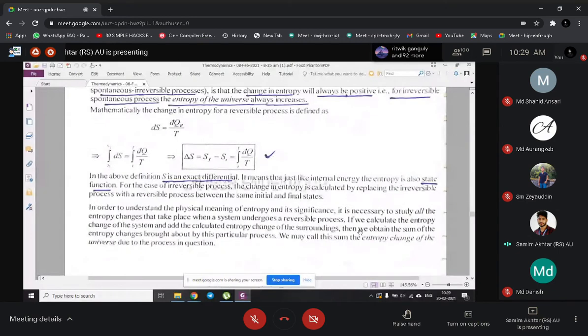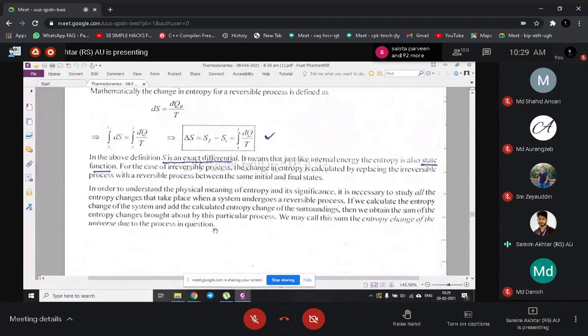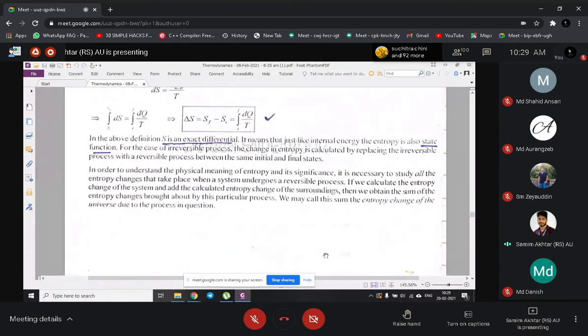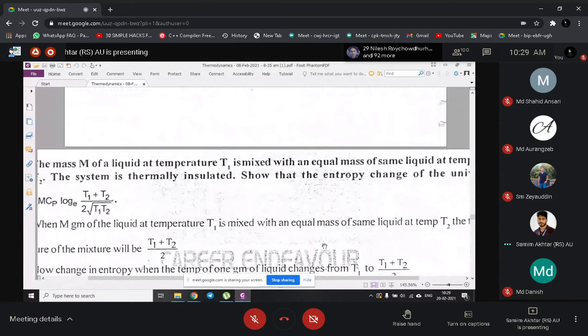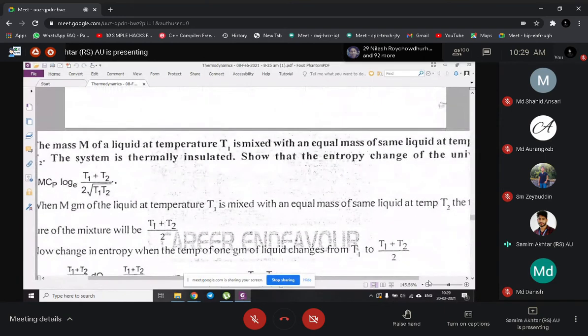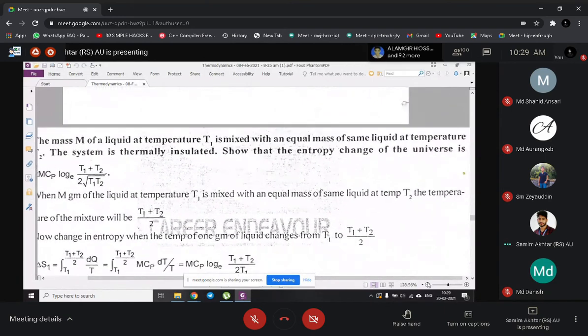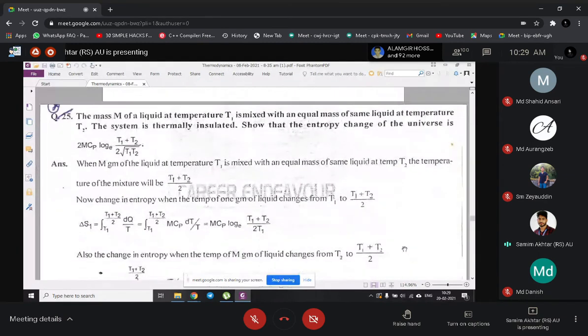This is basically the meaning of the entropy, and how to relate it to other things. So there is a mathematical problem, and this is a very important problem.